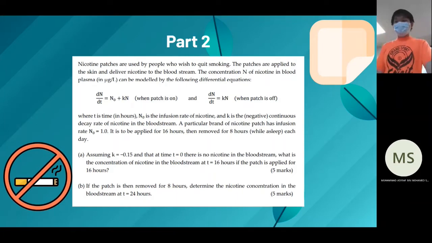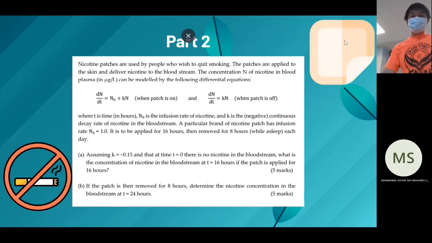So part 2, as Ashraf has mentioned, is finding the concentration of nicotine in the blood plasma, which is N, and this can be modeled by the following differential equations.